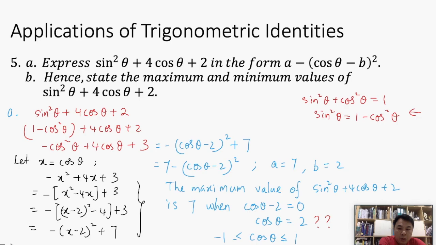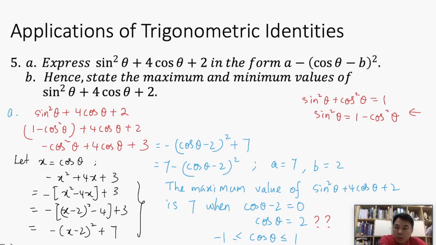Are we going to get a maximum value of 7 when cosine theta is equal to 2, which is not possible in this case? So we have to rethink again just to check whether we got everything correct.